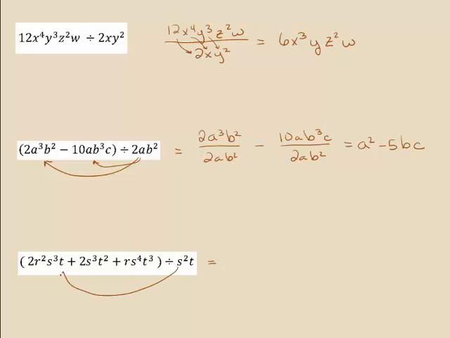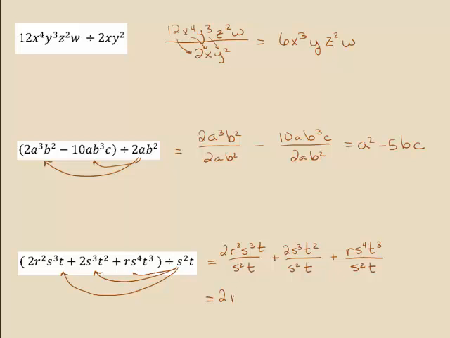Again, divide each term of the polynomial by the monomial. So 2r squared s to the third t over s squared t plus 2s to the third t squared over s squared t plus r s to the fourth t to the third over s squared t.